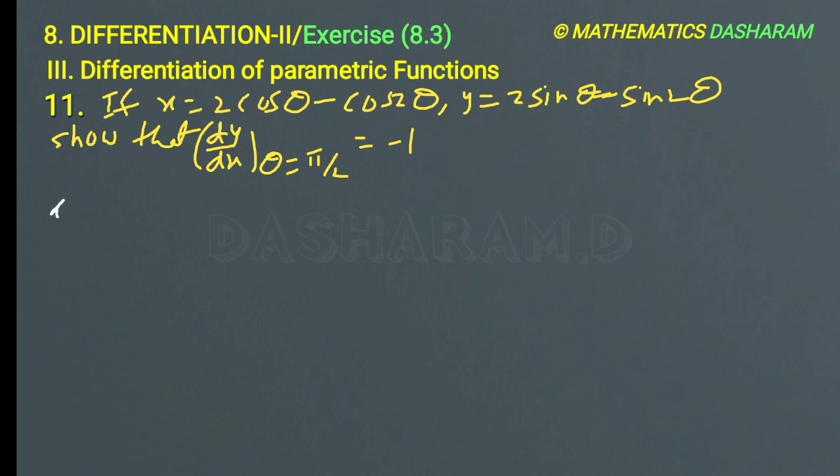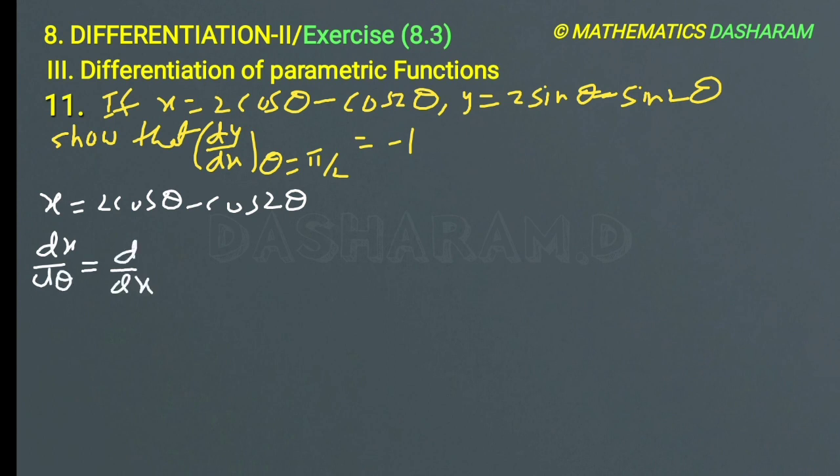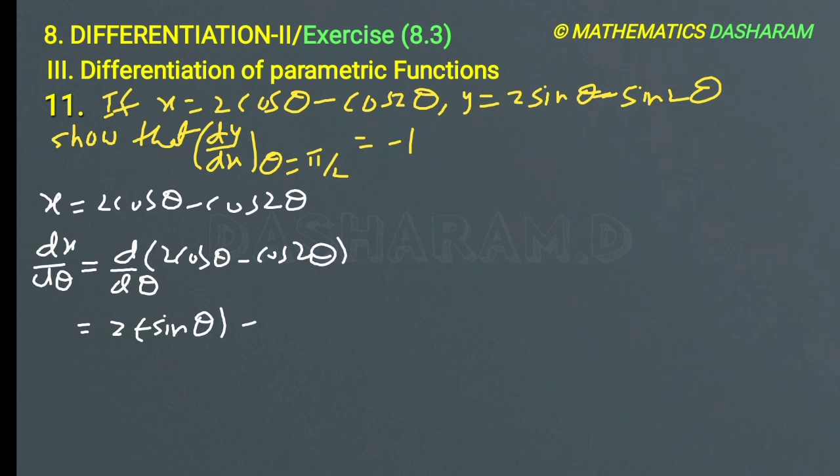So the first function is x equals 2 cos theta minus cos 2 theta. So dx by d theta equals d by d theta bracket of 2 cos theta minus cos 2 theta. So it equals 2 into minus sin theta, because derivative of cos theta is minus sin theta, minus minus sin 2 theta, and do the derivative of 2 theta.